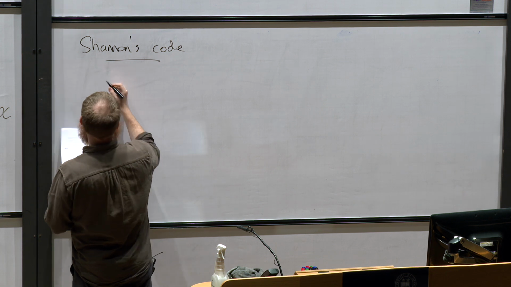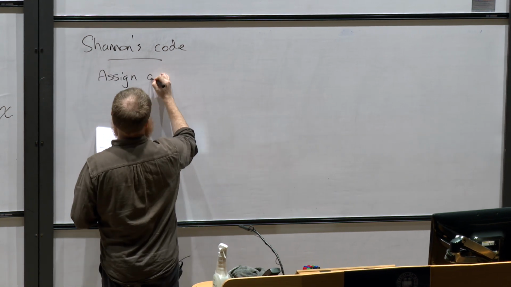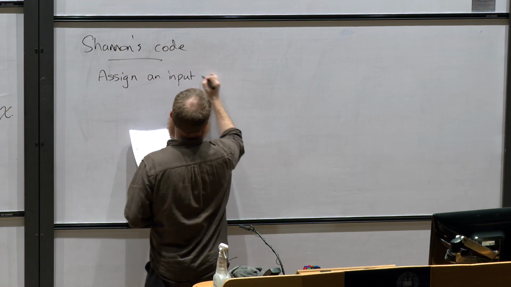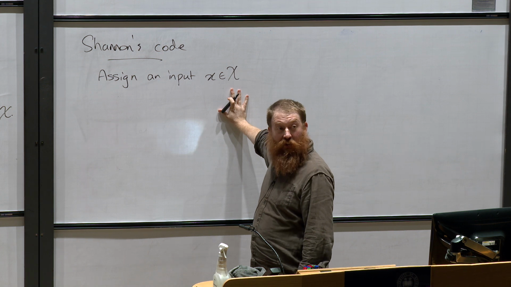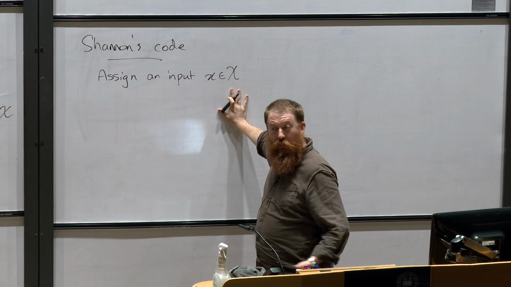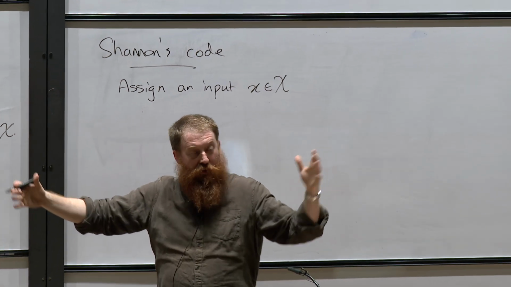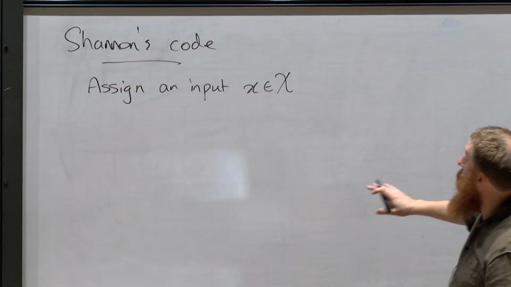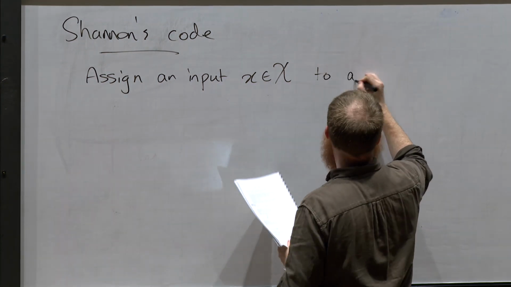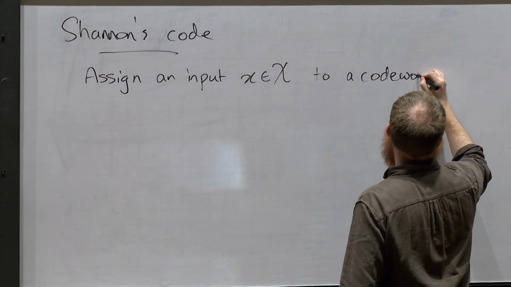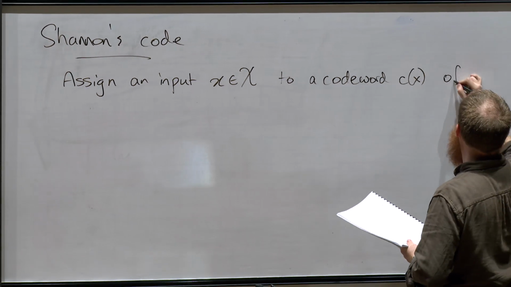What we do is we assign an input x in X. So we're just thinking about how to deal with a single input. We're not dealing with a block. We're just going to apply this to a block if we want to, but we're going to construct a code explicitly. So we assign an input x to a code word c of x, of length.